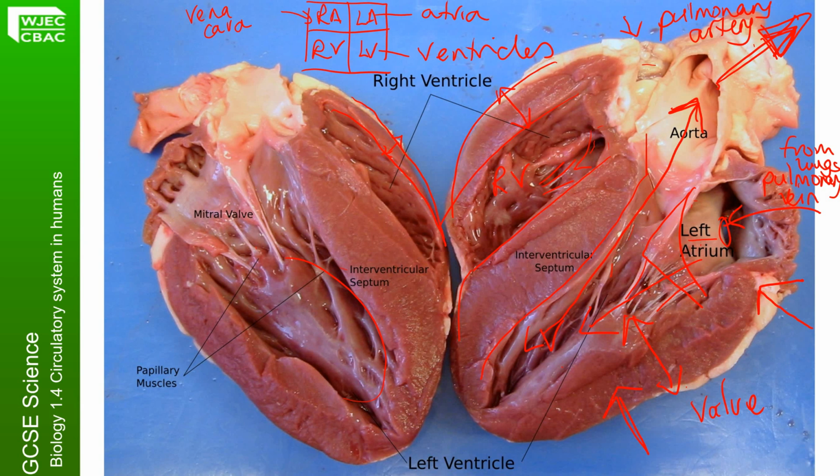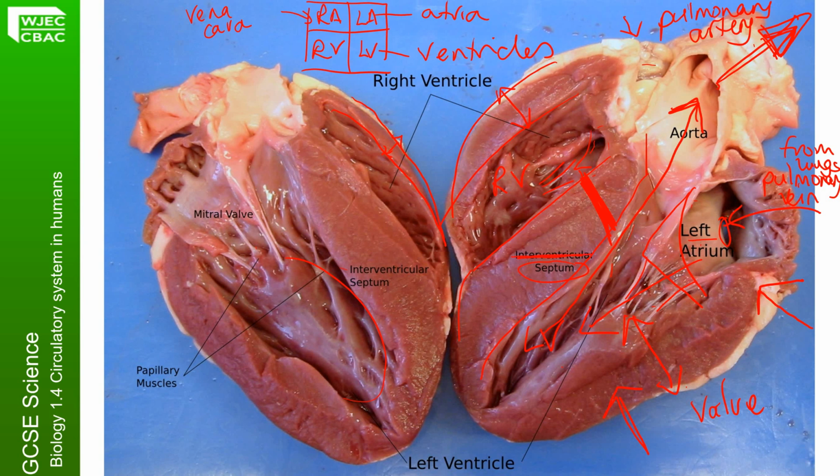Now, occasionally when babies are born, if they're born a little bit early, what we call premature, then sometimes the body organs haven't had a chance to develop as they should do. And so you can have babies that are born with what we call a hole in the heart. Now, a hole in the heart is not a hole from the outside through this part of the heart. The hole in the heart would be in this middle part of the muscle, separating the left and the right sides. We call this part the septum.